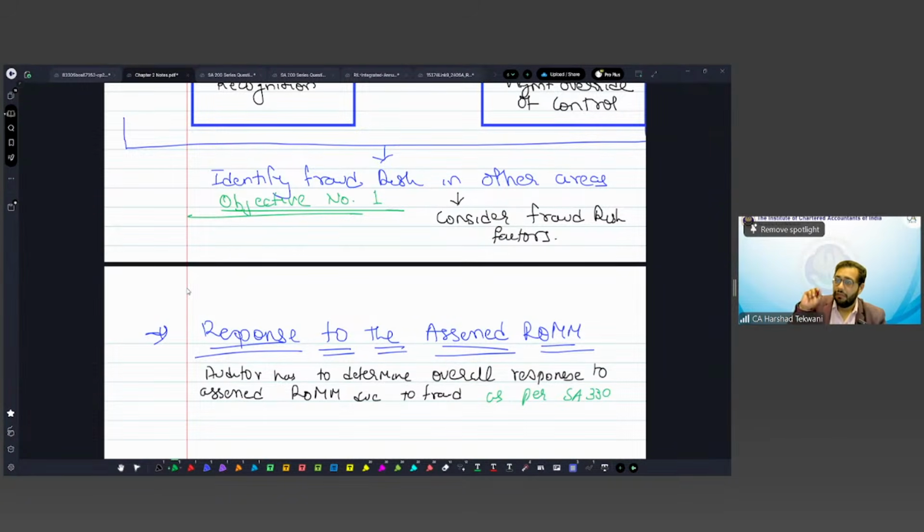When we discuss SA 330, I will come back to this point again, on how we determine the overall response.